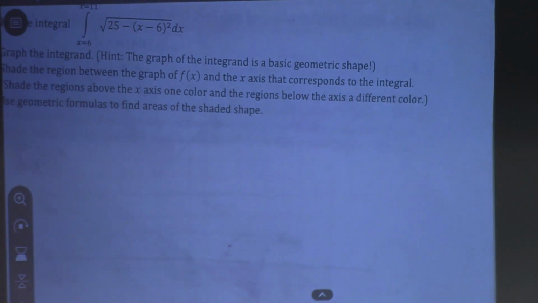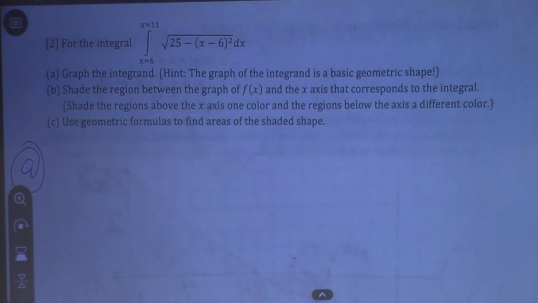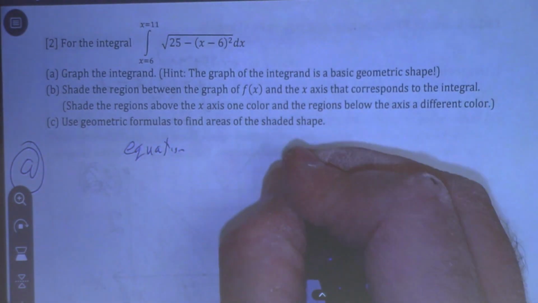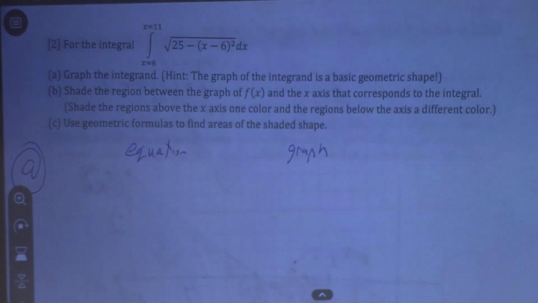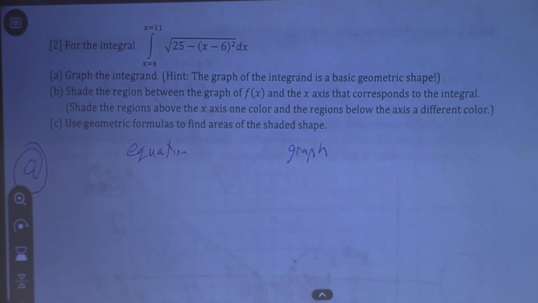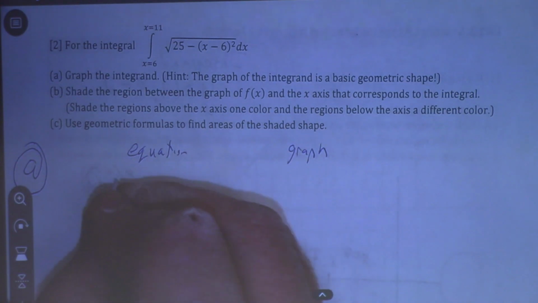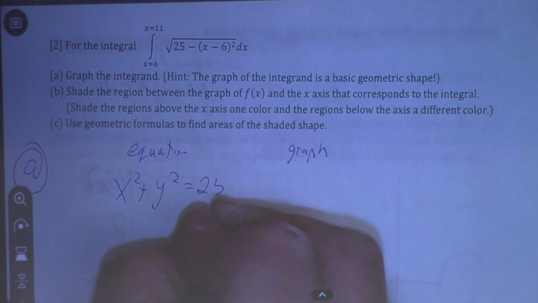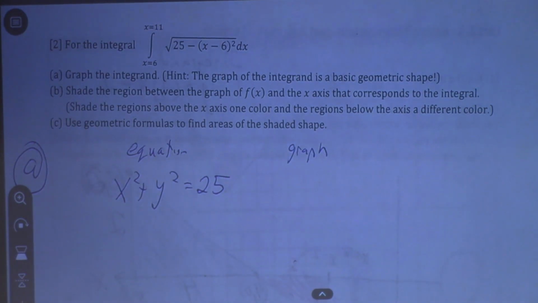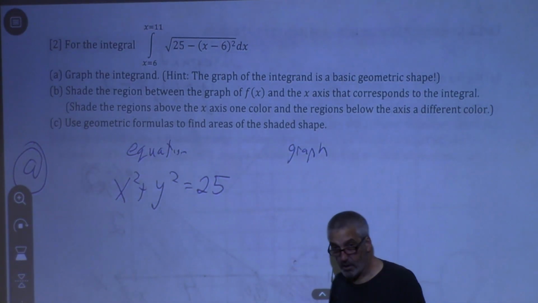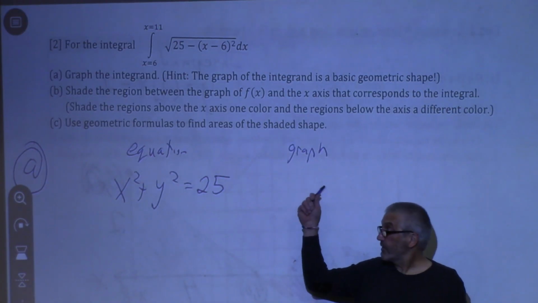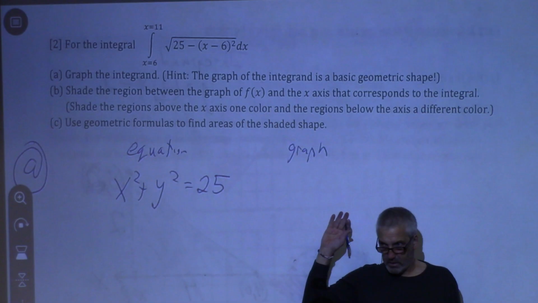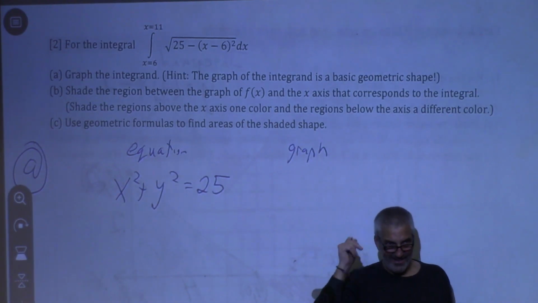How do we graph that? So question A. I want to get to this graph in stages. Here's an equation: x squared plus y squared equals 25. Raise your hand if you can tell me something about the graph that would go with that equation. Tell me one thing. Circle.